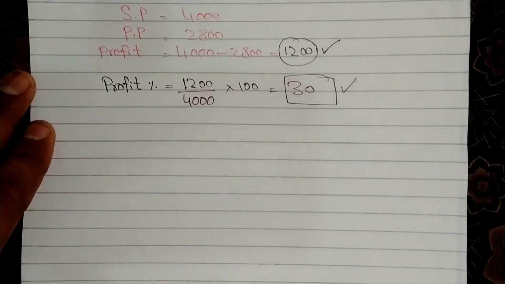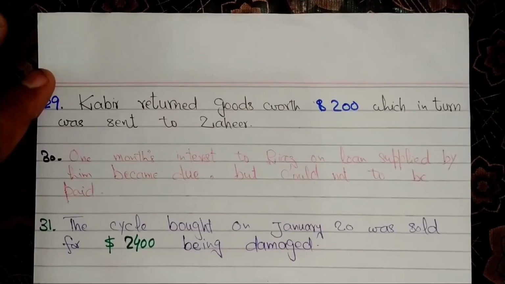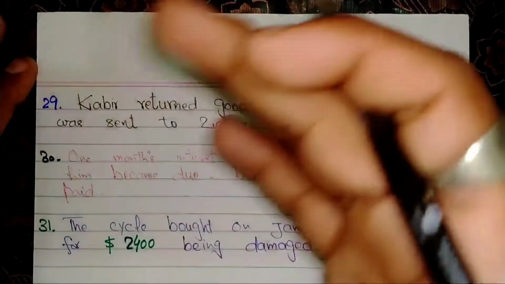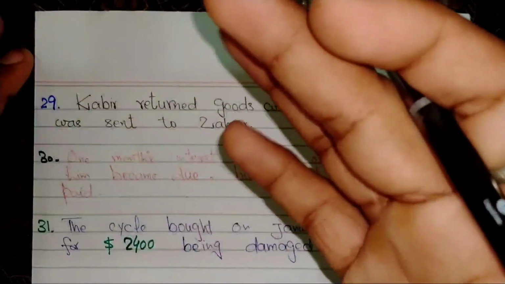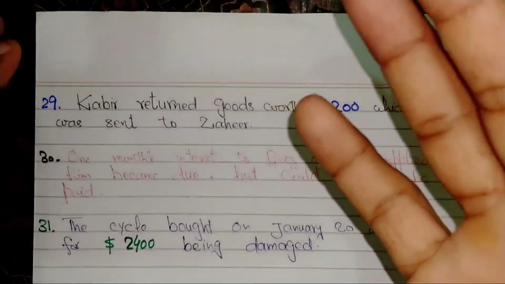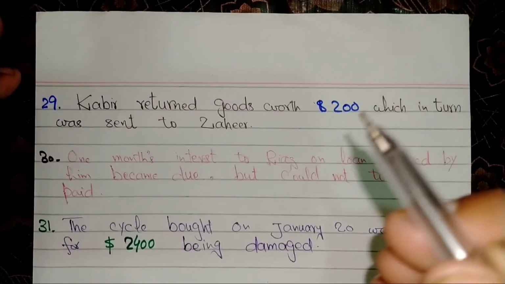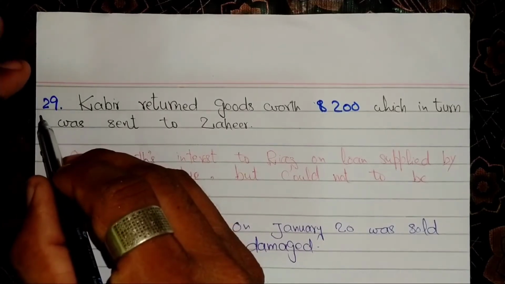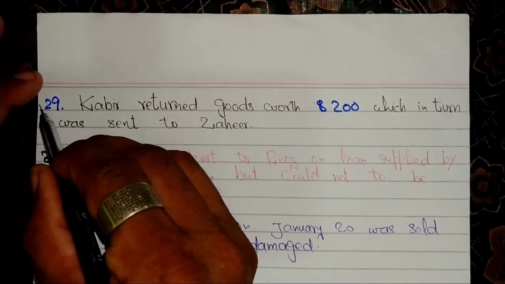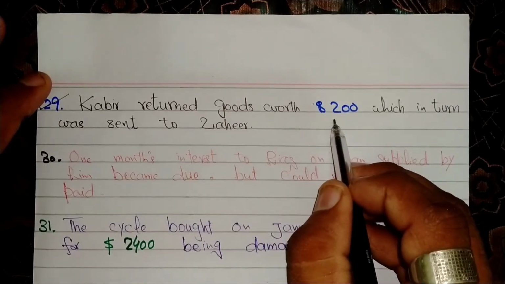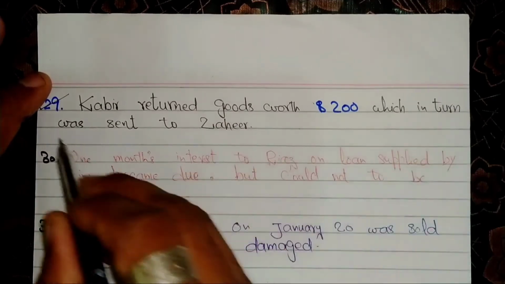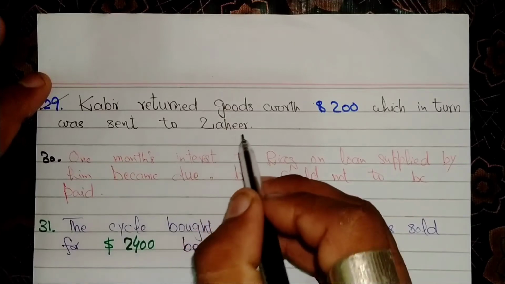Okay, after the entry of purchases and then further selling and profit percentage, now we will talk about the next transaction: Kabir returned goods worth $200, in turn was sent to Zahir.